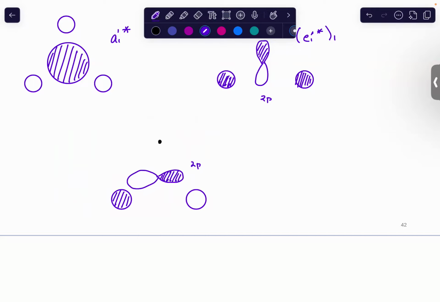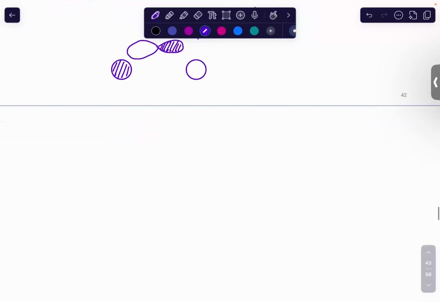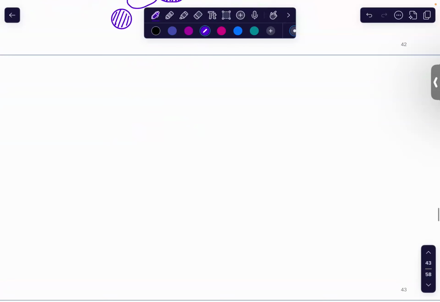So I'll just reverse that. And we get our second E prime star. So now we have our antibonding orbitals. Now, this one I went along with the textbook. I'm going to make an argument the other way for methane. So let's build the molecular orbital tree.